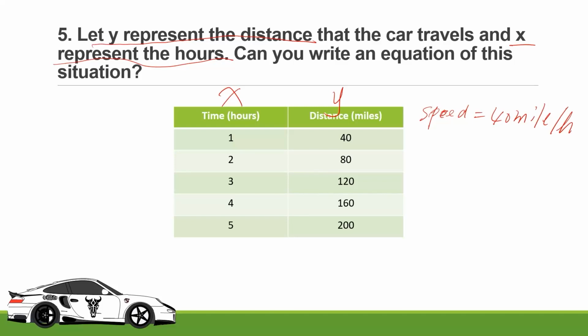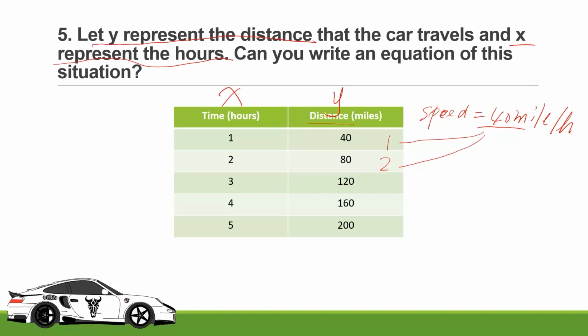So here, you see the speed is 40, right? Let's take a look at the speed and the distance. 40 goes to 40 how many times? Yes, 1 time. And 40 goes to 80 how many times? Yes, 2 times.